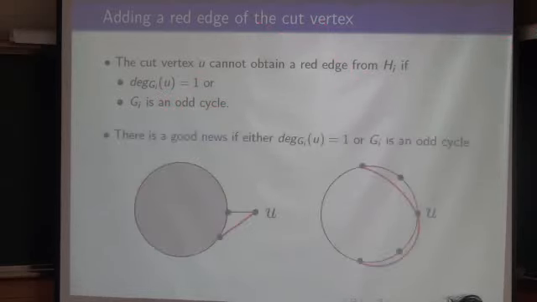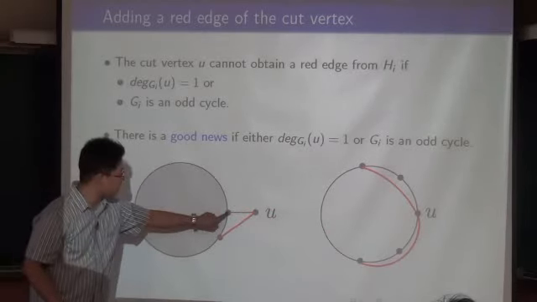But there is good news if either the degree of u is 1 or G_i is an odd cycle. Now let's think about this figure. If the degree of u in G_i is 1, we have this figure. Since there is only one neighbor of u, there is only one red edge which passes u.